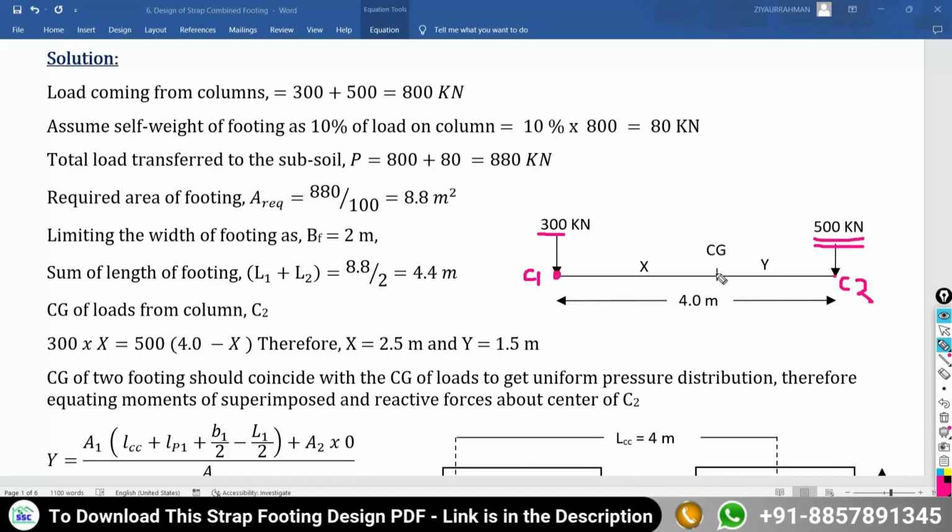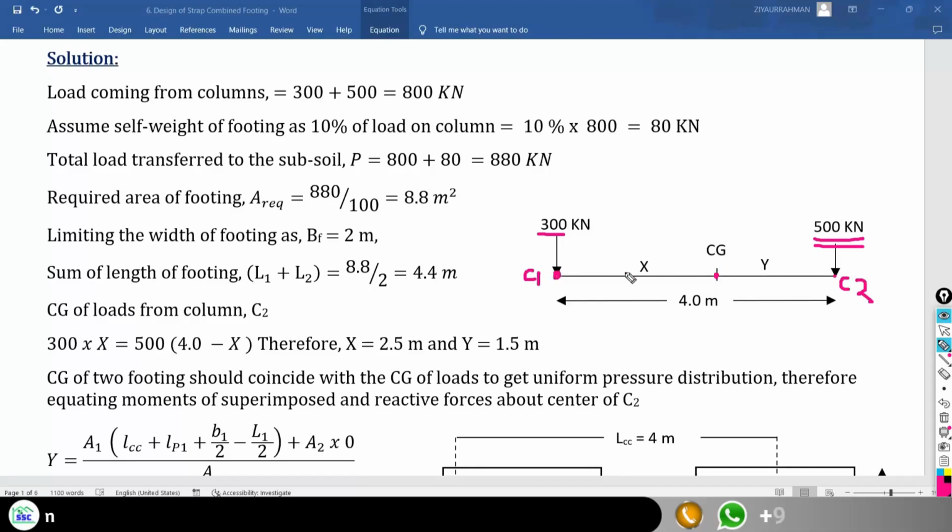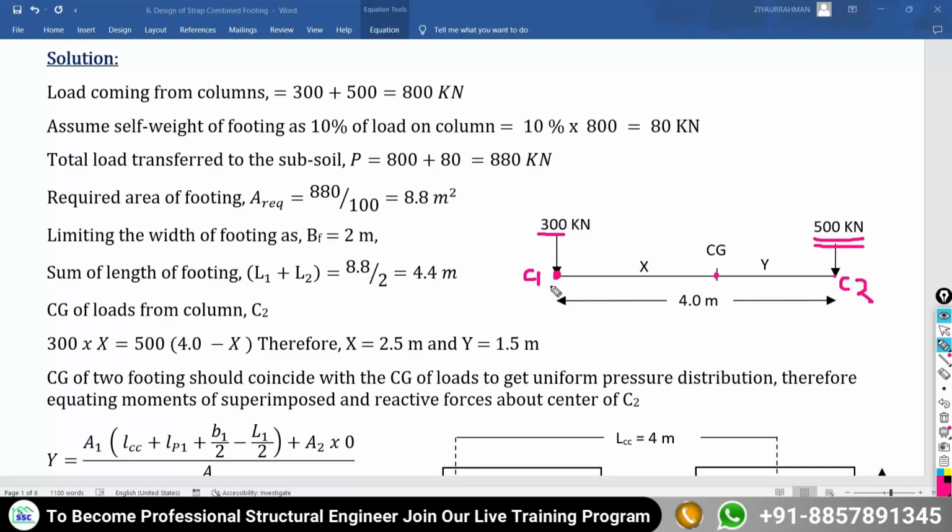Now let's consider that there is a CG of the load somewhere here, at a distance of x from the center of column C1, and the same point is at a distance of y from the center of column C2. Take the moment about this point.